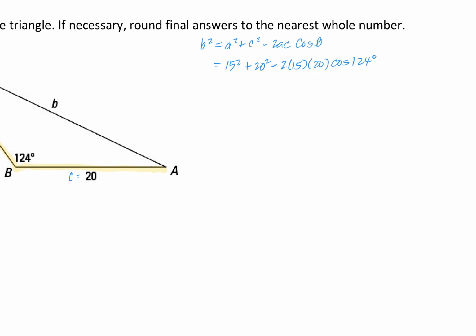I'm going to do it in pieces because I just want to remind you of your order of operations. So 225 plus 400, and then minus 2 times 15 times 20 is 600. Cosine, and I'm going to keep it as cosine of 124 degrees.